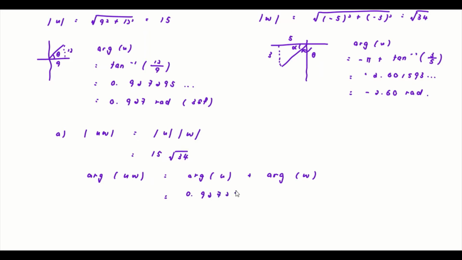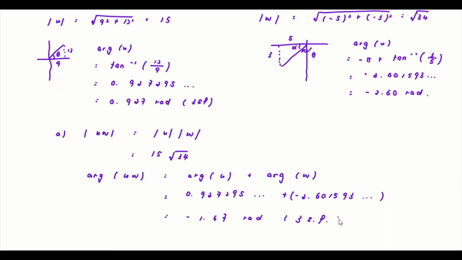It depends on you how long you want to write, but make sure it's more than 3 significant figures. You can use your calculator and get your answer in 3 significant figures. So this is negative as well. Negative 1.67 radians in 3 significant figures.